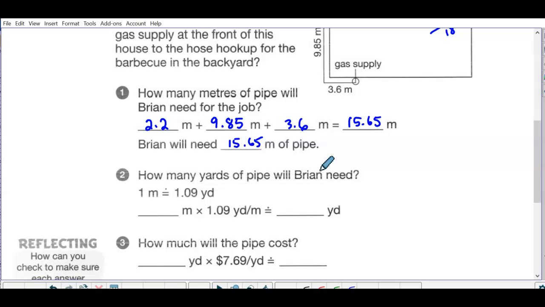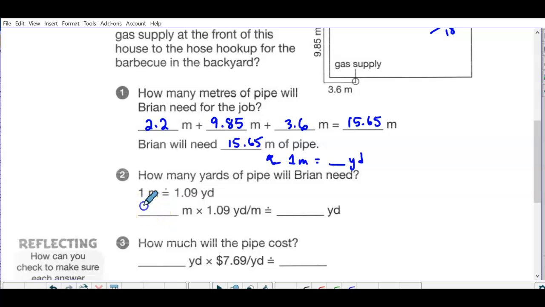It's also back in the last chapter, but here it's given to us that 1 meter is 1.09 yards. So if the units that we're given is meters, it's always nicest if we can find the conversion for 1 meter equals something yards, and it is given to us. Okay, if we had the conversion for 1 yard to meters, we'd have to divide. But this we can just multiply.